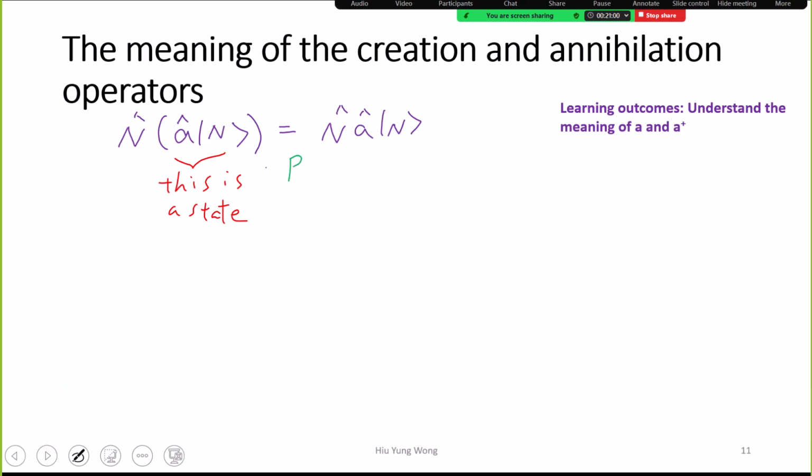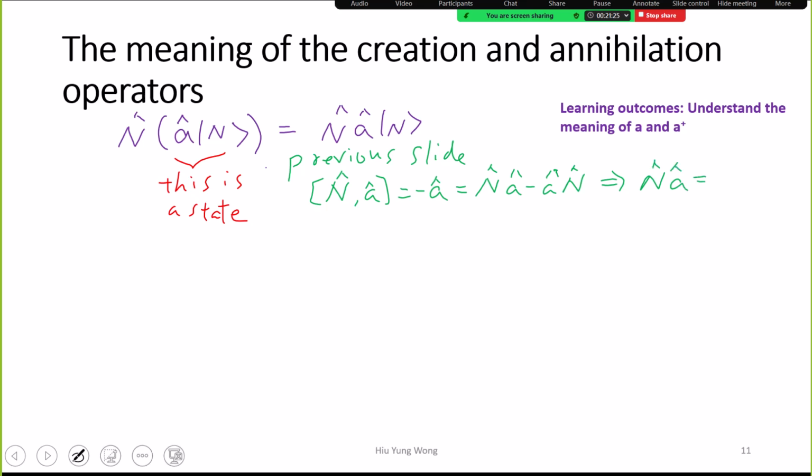On the previous slide, we said NA equals negative A, and the commutator NA is NA minus AN, so NA equals AN minus A. What I'm trying to do is use this commutator relationship and substitute it for NA.